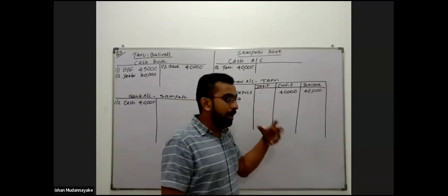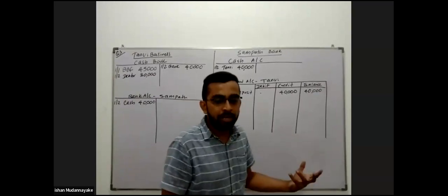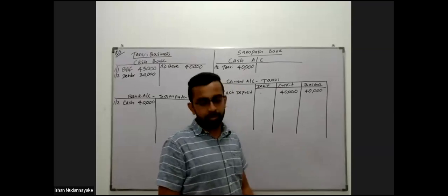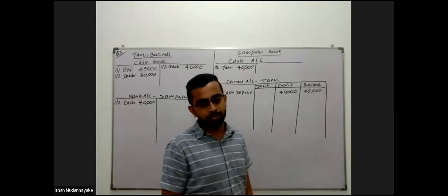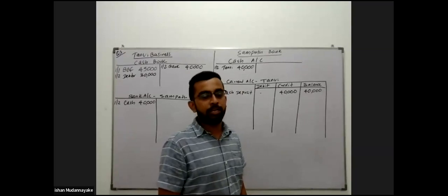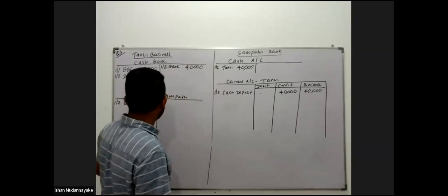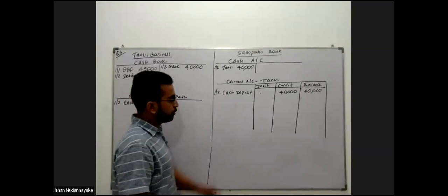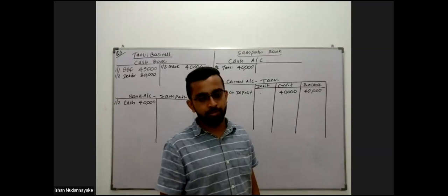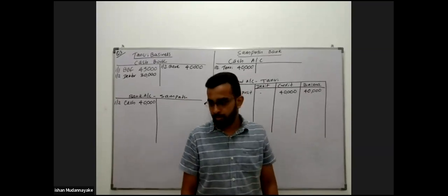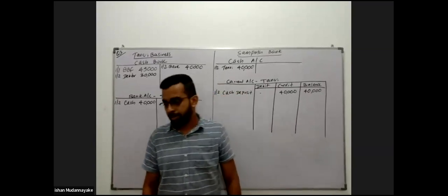Now Sampath Bank has a liability to pay this 40,000 to Tanvi whenever required. So this 40,000 is an asset to Tanvi's business, but a liability to Sampath Bank. Clear? Right.